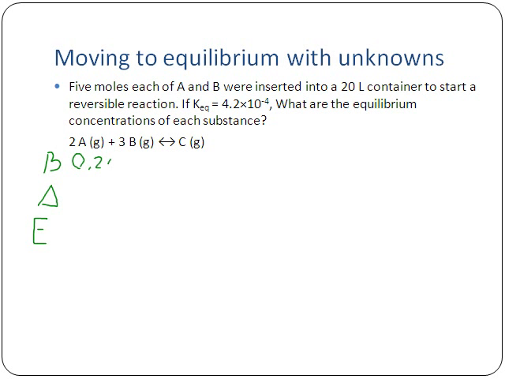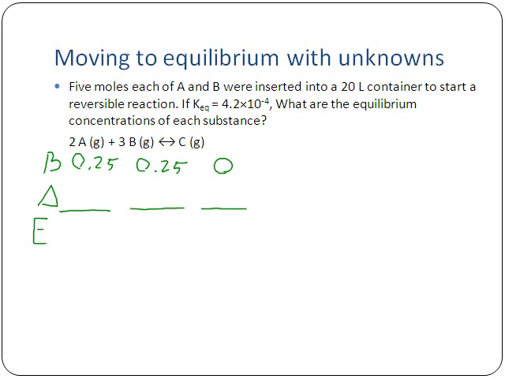So my before concentration of A is 0.25, my before concentration of B is 0.25, and my before concentration of C is going to be 0 because I didn't have any C to start with. Do we know anything about the equilibrium concentration? No, we don't have any information about that.